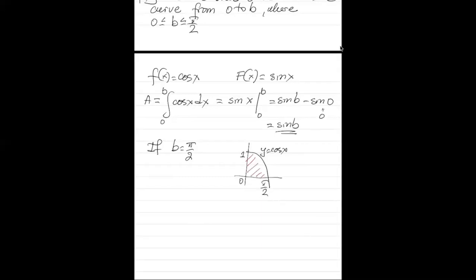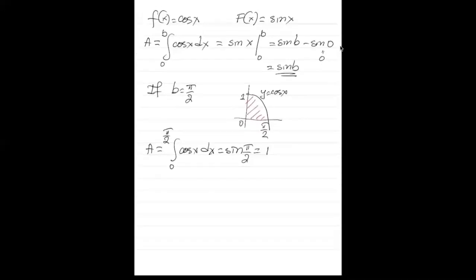If b equals pi over 2, the area of this region is the definite integral from 0 to pi over 2 of cosine x dx, which is sine of b, but b is pi over 2, so sine of pi over 2, which is 1. So we just found that this area is equal to exactly 1.